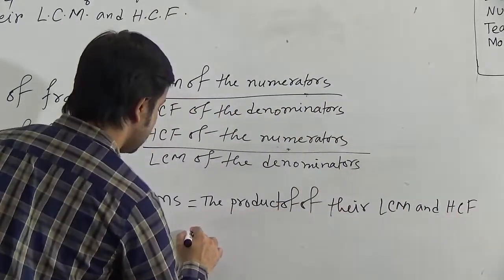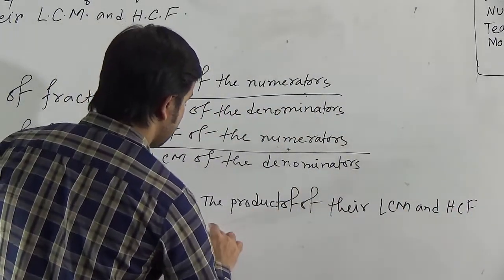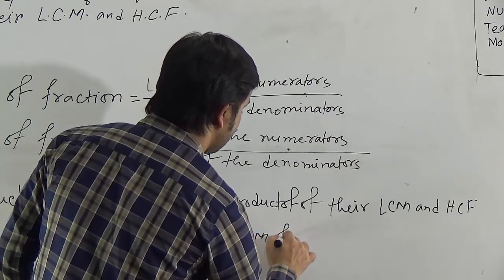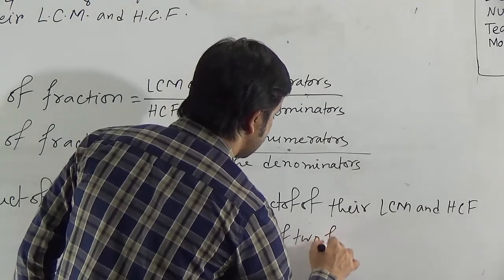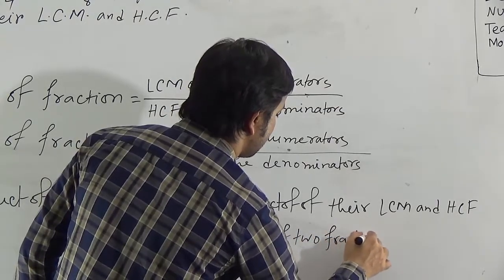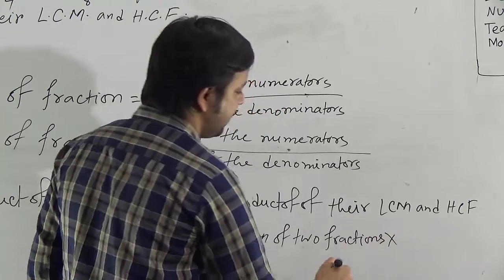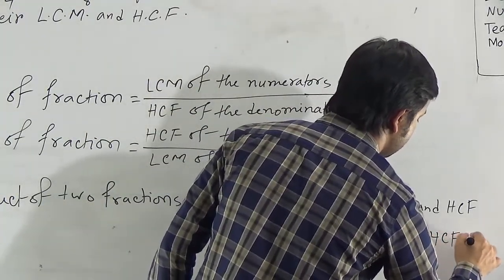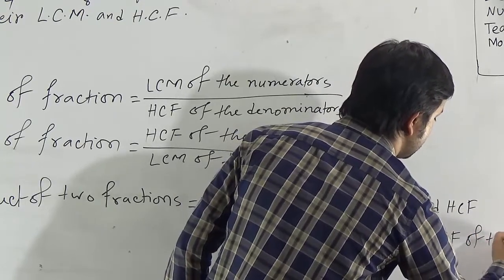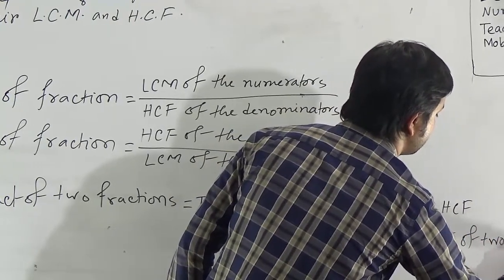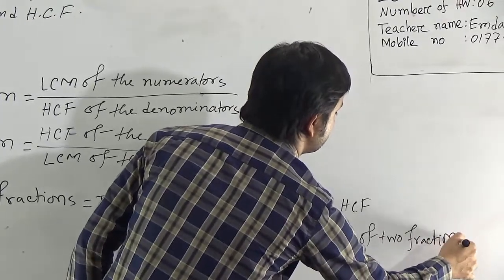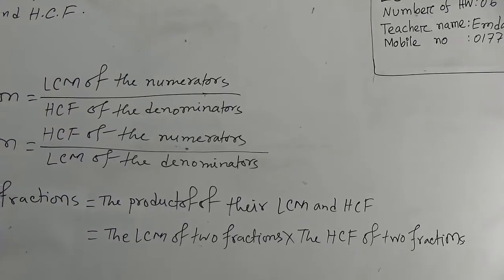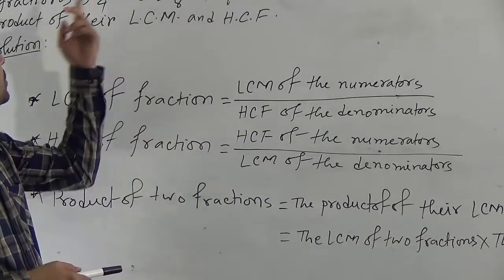It means that the LCM of two fractions multiplied by the HCF of two fractions equals the product of the two fractions. Dear students, this relationship we have to show in this question.